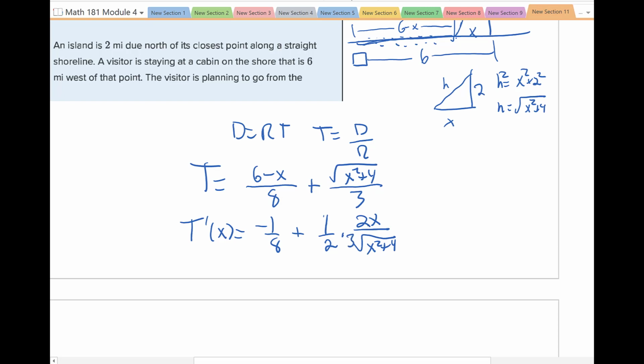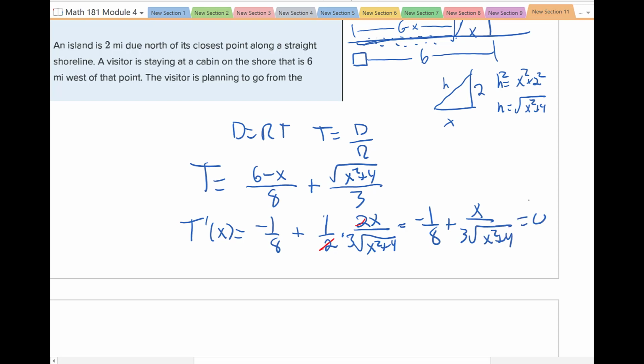I can't forget my 3, that would mess everything up. And from this, the 2's would divide out. So we would have negative 1/8, let's just say plus right now. That's a little bit of foreshadowing. Plus x over 3 times the square root of x squared plus 4.